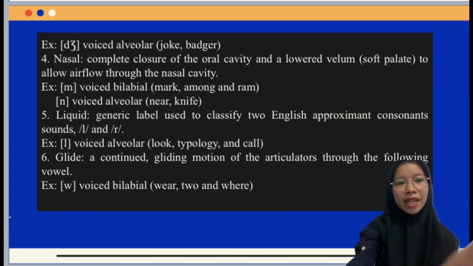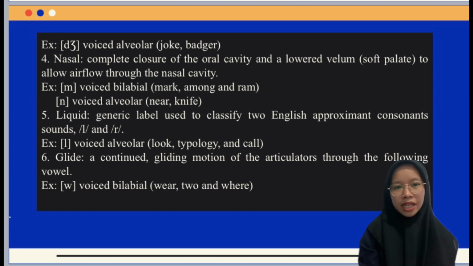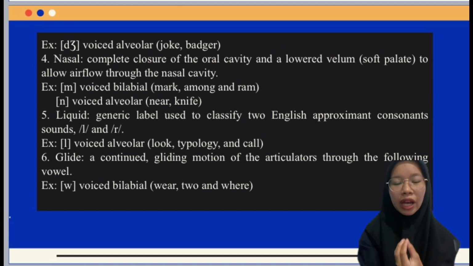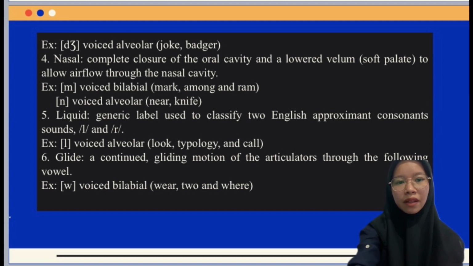And four is nasal, complete closure of the oral cavity and the lowering of the soft palate to allow airflow through the nasal cavity. Examples like M, voiced bilabial, like mark, among, and rum, and N, voiced alveolar, like near and knife.